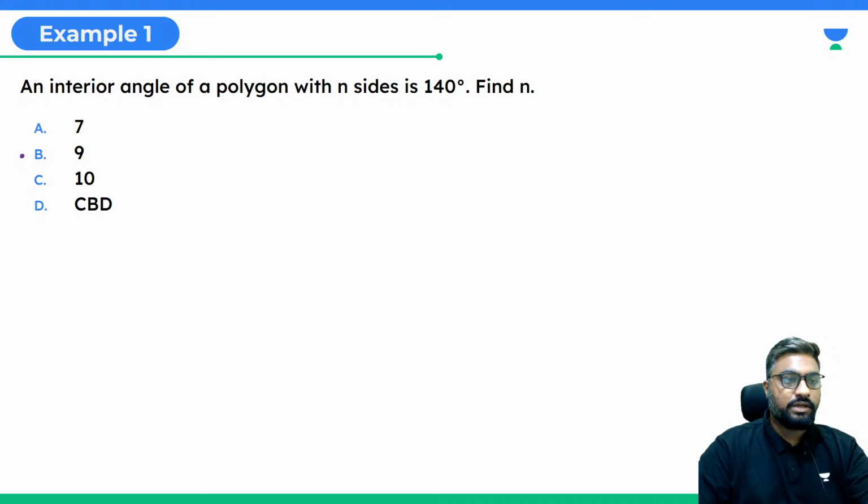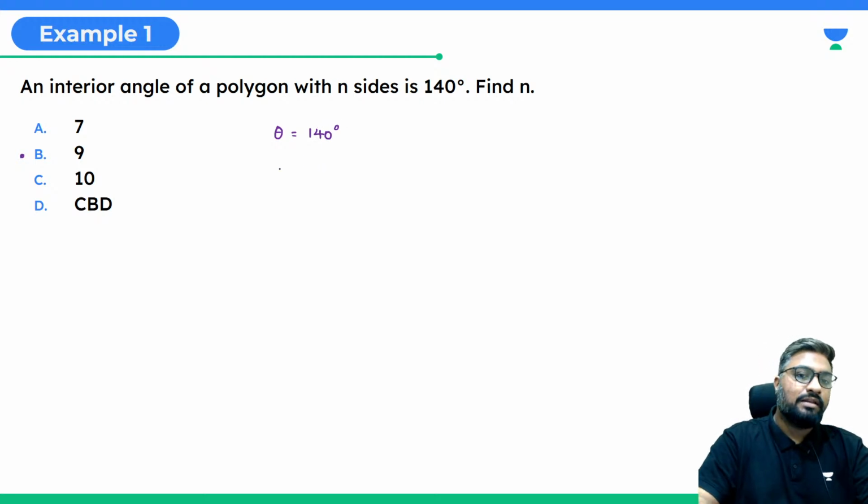Chalo, all right, so let's look at this. They're saying an interior angle of a polygon with sides n is 140 degrees. Let me call that angle theta. So if theta is 140 degrees, then can I find out theta dash, that is the exterior angle, which will be 180 degrees minus 140 degrees.